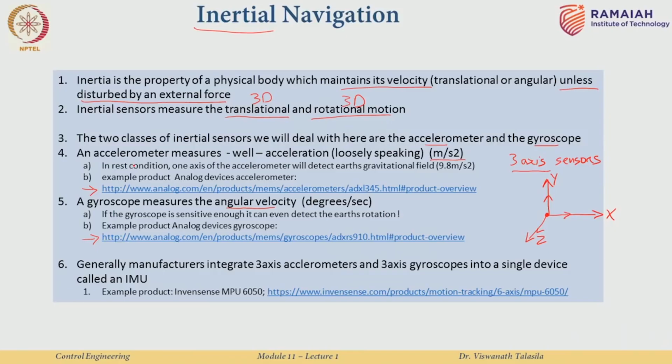Historically, accelerometers and gyroscopes would come as two independent products. For maybe the last decade or two decades, manufacturers have integrated these accelerometers and gyroscopes into a single device called an IMU. IMU is basically an inertial measurement unit.